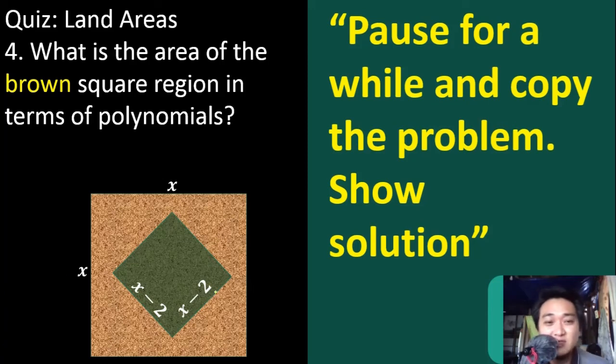The dimension of the total region is x and x, so it is also a square. What is being asked is the polynomial that would represent the brown region. Meaning, that is the total area minus the green area. The total area minus the green area is the brown area. That is what we are asked to find. It is similar to our fourth problem.